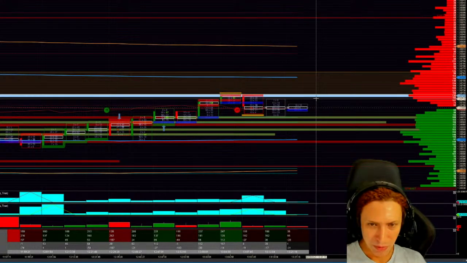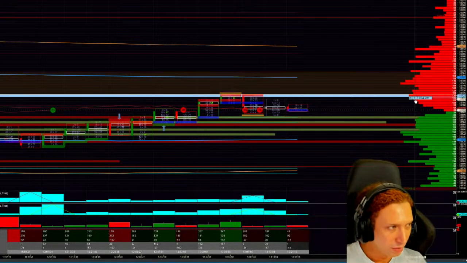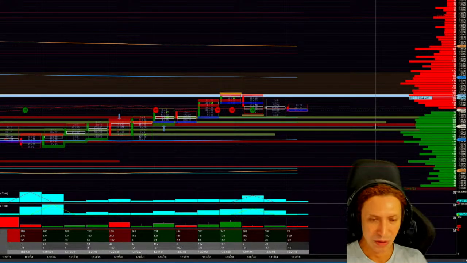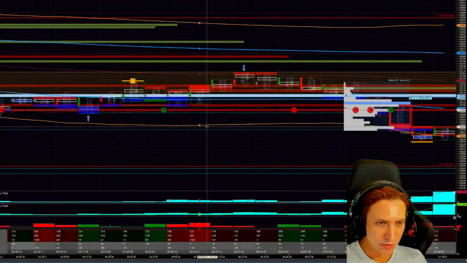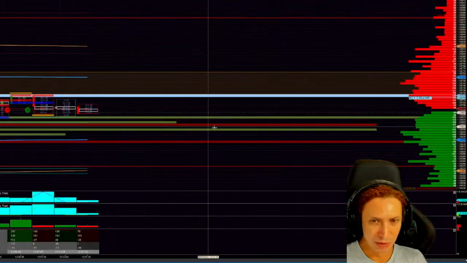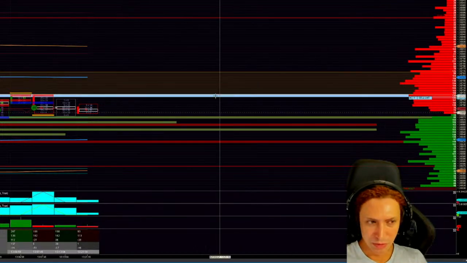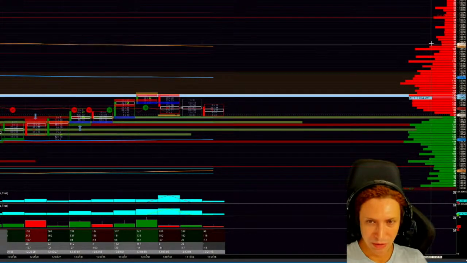I will go right below this area here. So I'm going to put a sell order right here. Okay, so I have one contract right there. You can put as many contracts as your risk management will allow, considering our stop loss will probably be right over here, because we need to protect our entry from the volume, but also we need to look at the liquidity that is available.